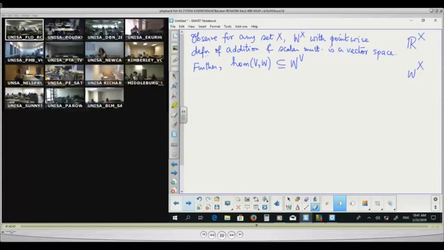And we observe that the addition given in Hom(V,W) is exactly pointwise. It's exactly the same thing that is there in this bigger one. So also the scalar multiplication. So it is enough to show.